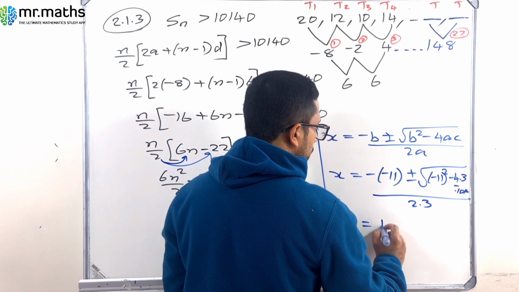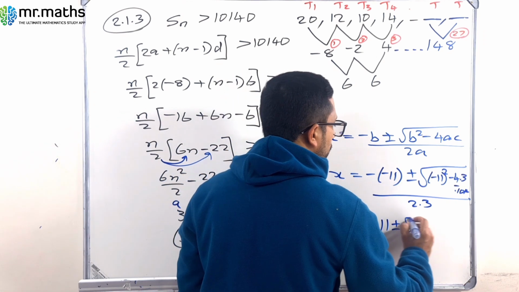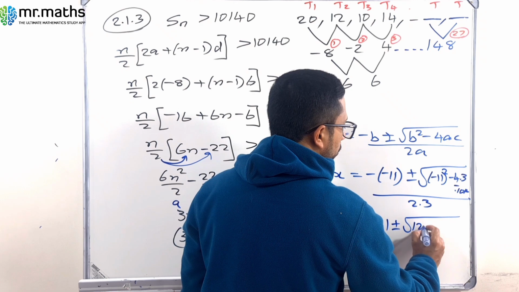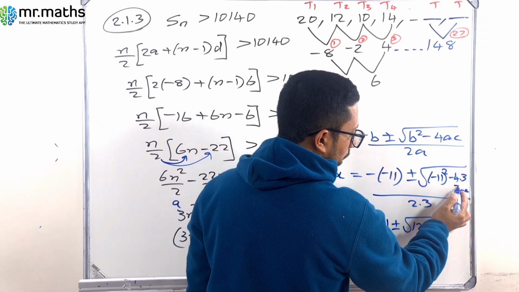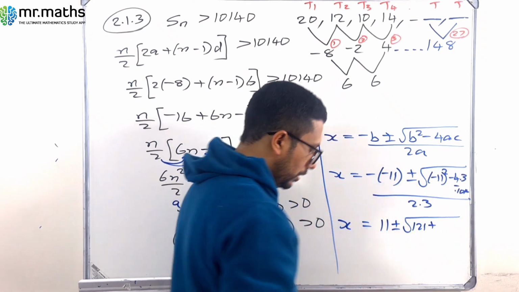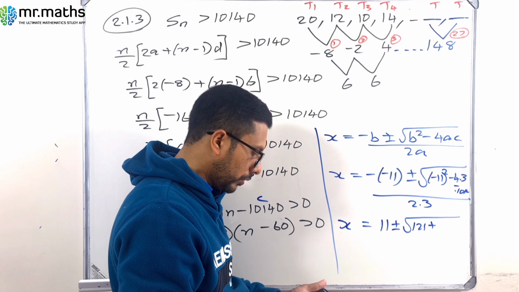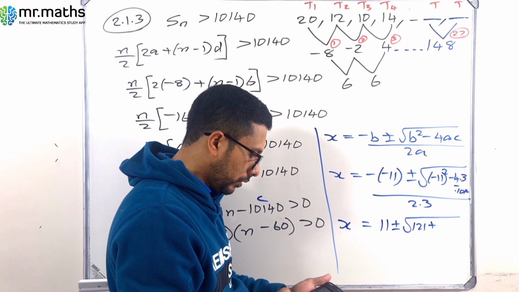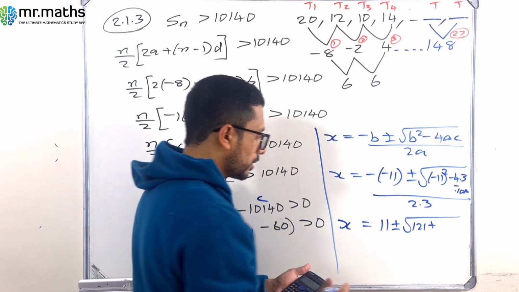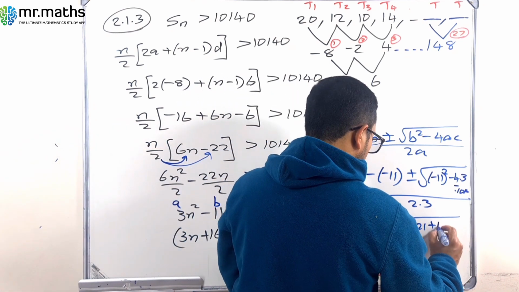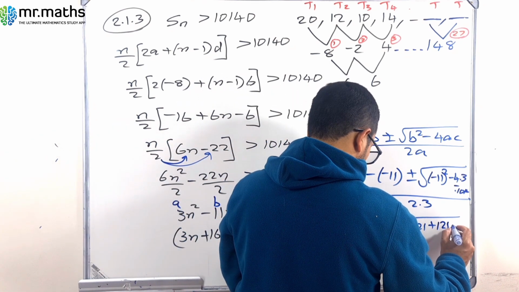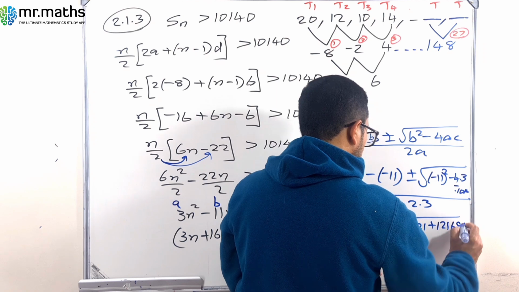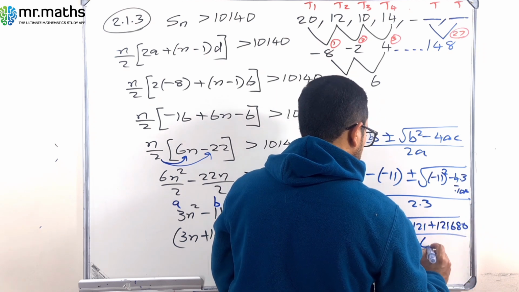So here this is 11 plus or minus the square root of 121, plus, because minus into minus is plus, 4 times 3 times 10140. So it is 121,680, divided by 2 times 3, which is 6.